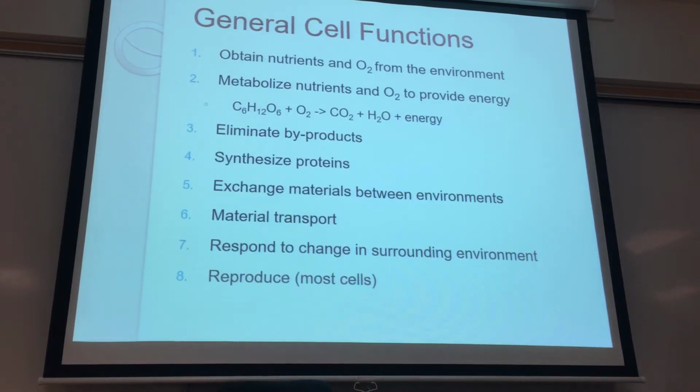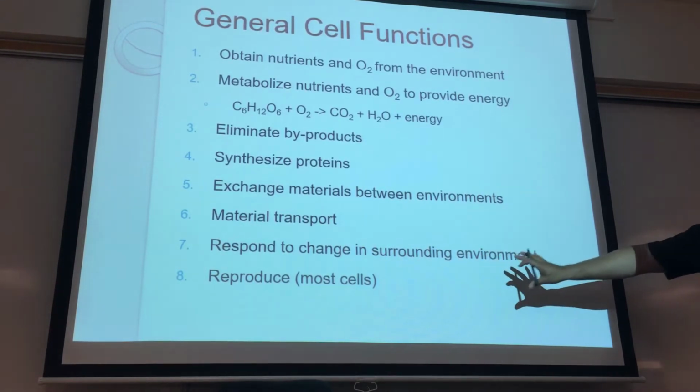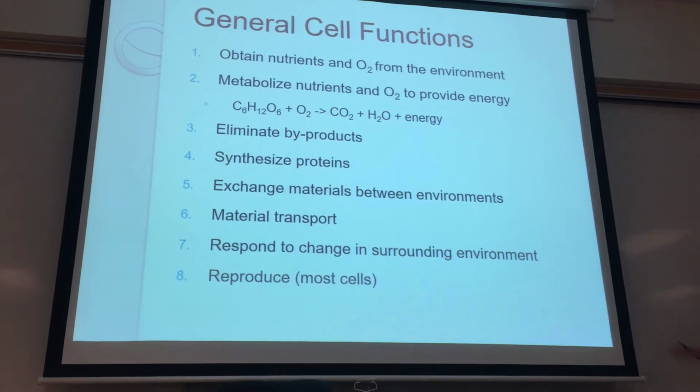So when we look at the cell functions, now that in your head we've created the whole concept of the cell, what is a cell supposed to do? And you'll see 8 basic functions that we'll talk about as we go through our lectures. And we'll touch on each single one of these. And the whole main point of that cell is to be able to get the nutrients and the oxygen from its external environment.